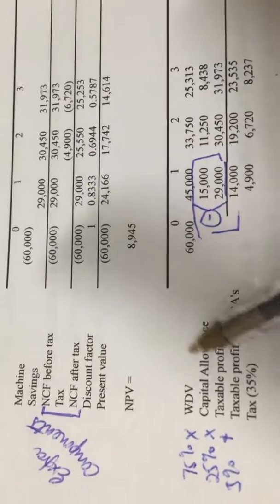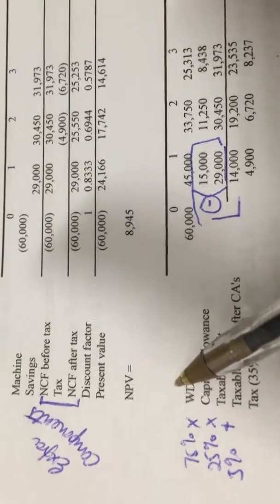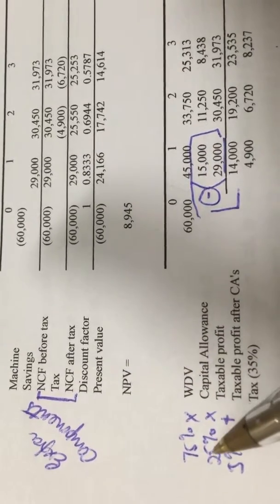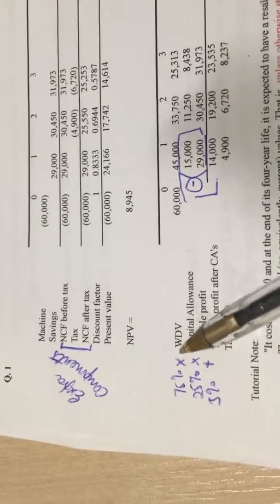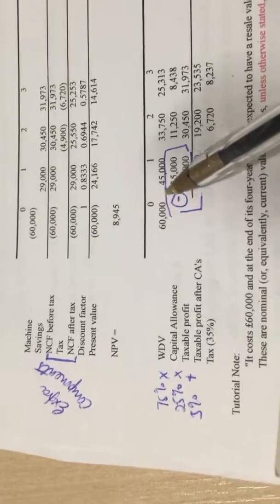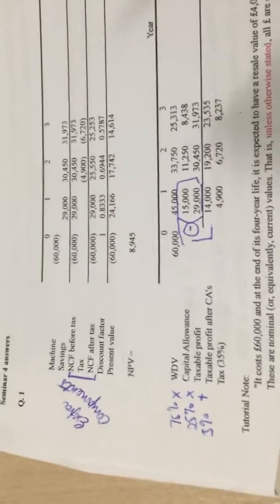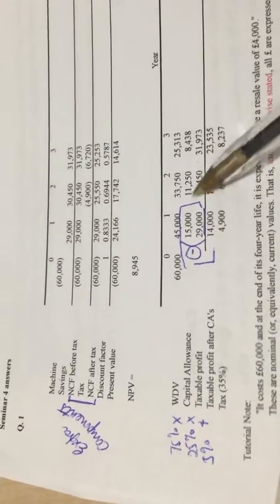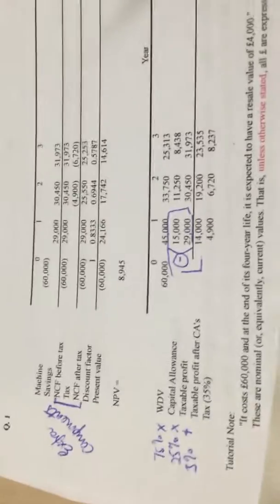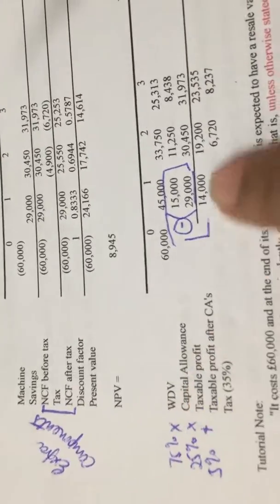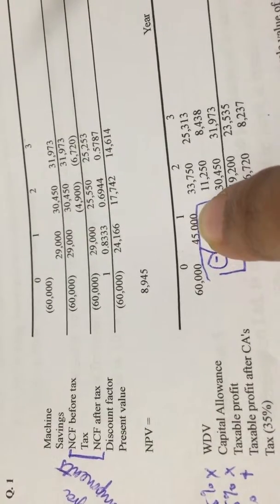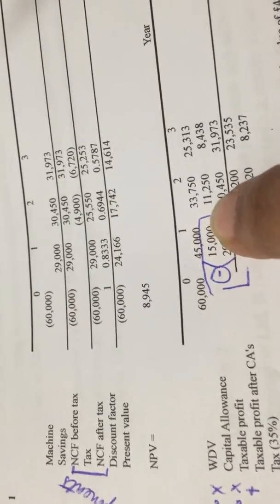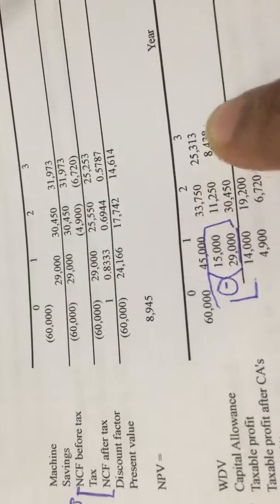And what you need to notice is, to get this value here, you have to subtract 25% from 100%. So here you'd be multiplying through by 75%. So it will be 60,000 times 75%. That'll give you 45,000. 45,000 times 75%.